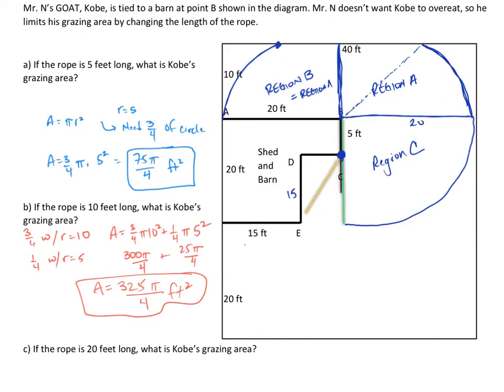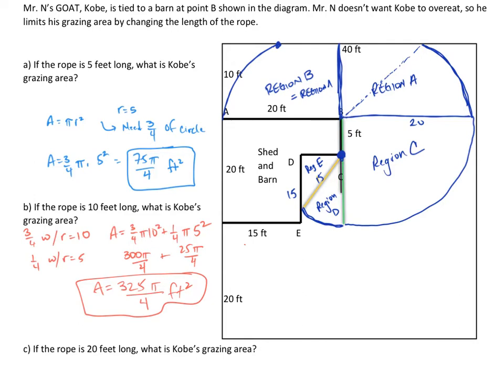And let's draw that in, and this will have a radius of 15, right? We know that. And it'll look something like this, that part of the circle. So I'm going to call this one Region D, and I'll call this one Region E up here.